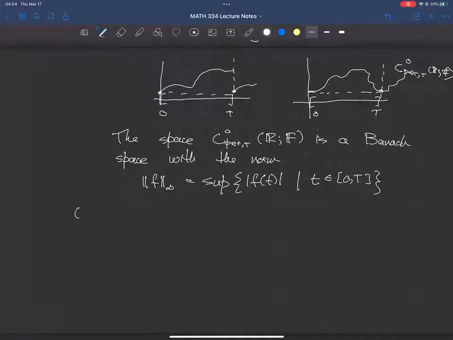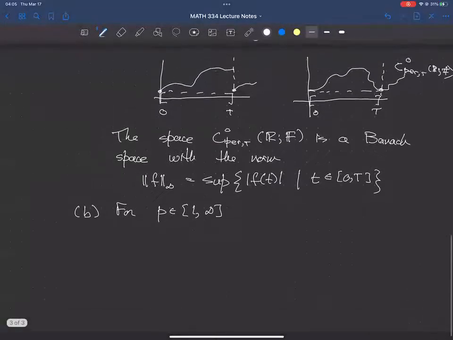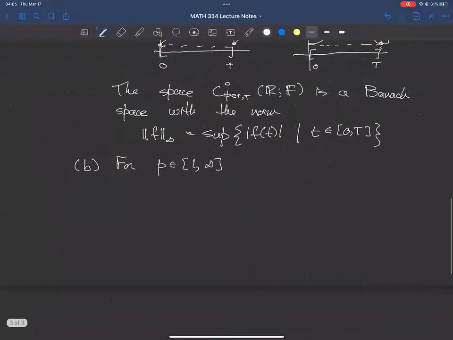Then you have the LP spaces that are periodic. So for P in 1 to infinity, and we'll include infinity here, we have LP per T of R, F.